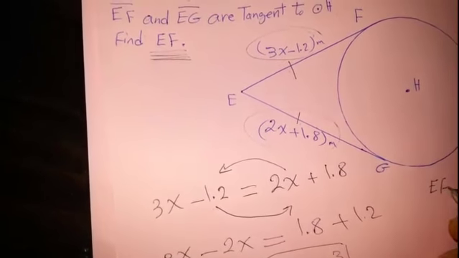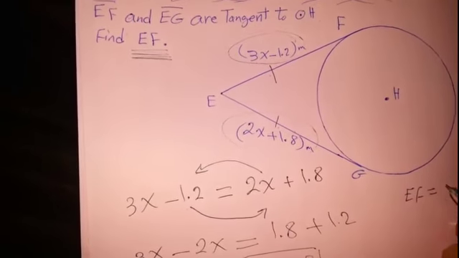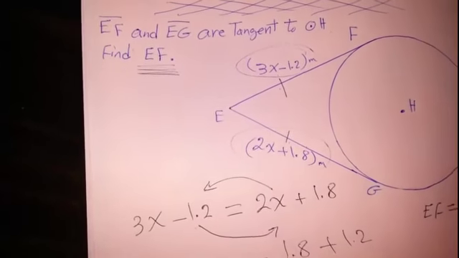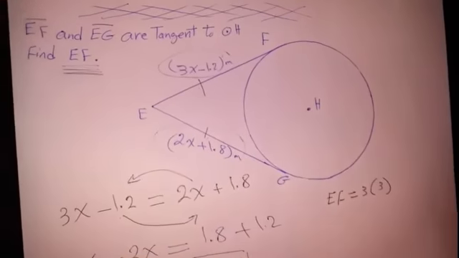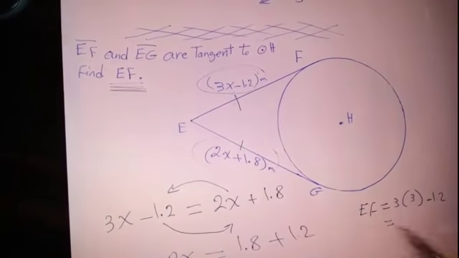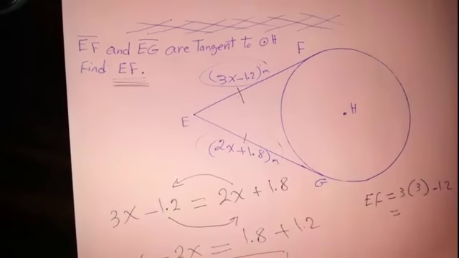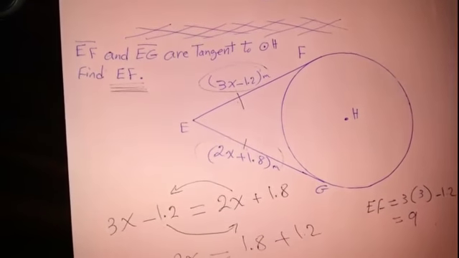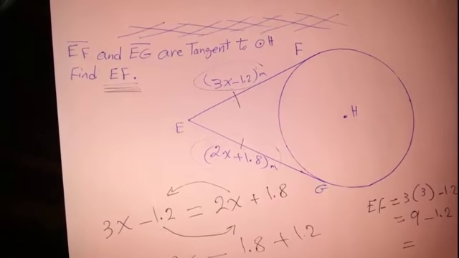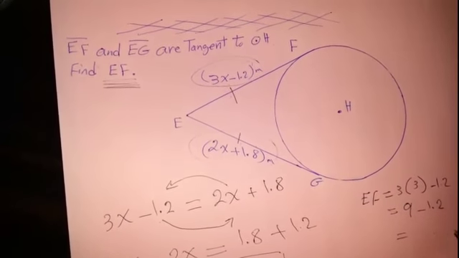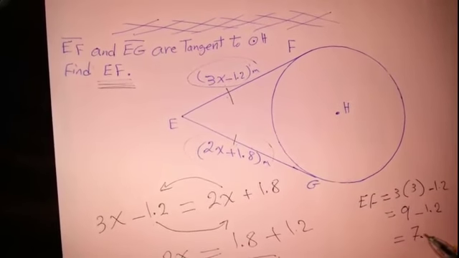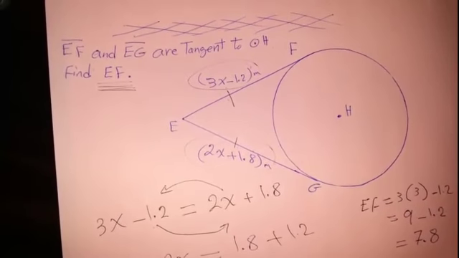So I write EF equals 3 bracket, replace x by 3, minus 1.2 equals 3 multiplied by 3, which is 9, minus 1.2. Just subtract, it will be 7.8.